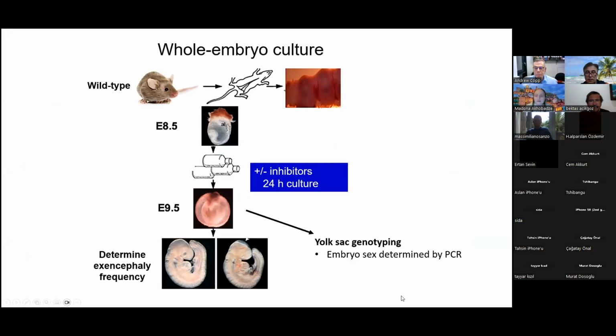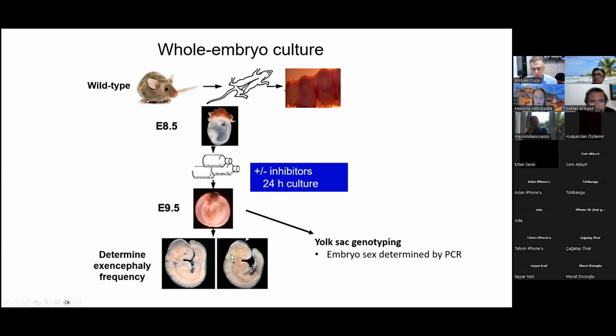Okay, sorry about that. So we've been studying this using another system I haven't mentioned so far, which is whole mouse embryo culture, where we can take embryos from the pregnant female, put them into culture and grow them during neurulation with or without inhibitors for 24 or longer hours, and then study the closure of the brain.